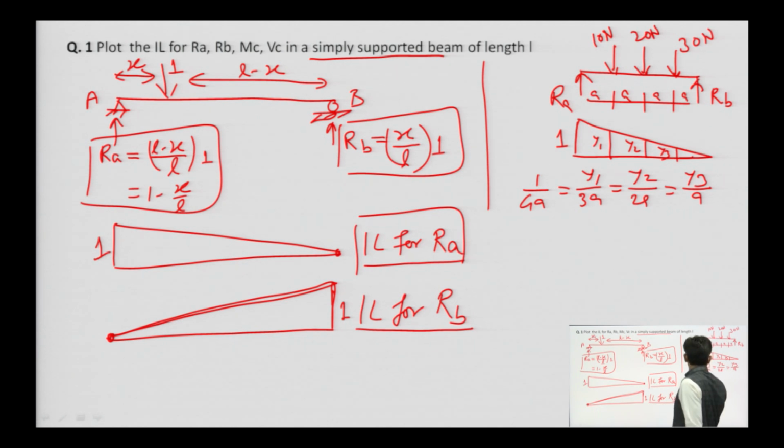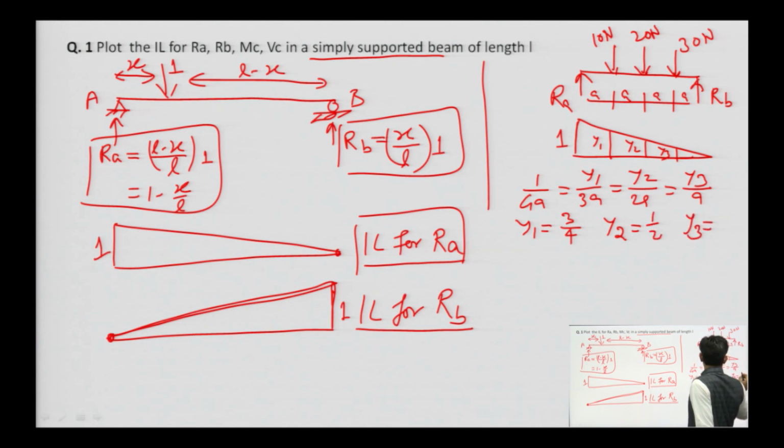So, the value of y1 is 3 by 4, the value of y2 is 1 by 2, and the value of y3 is 1 by 4. These are the ordinates.